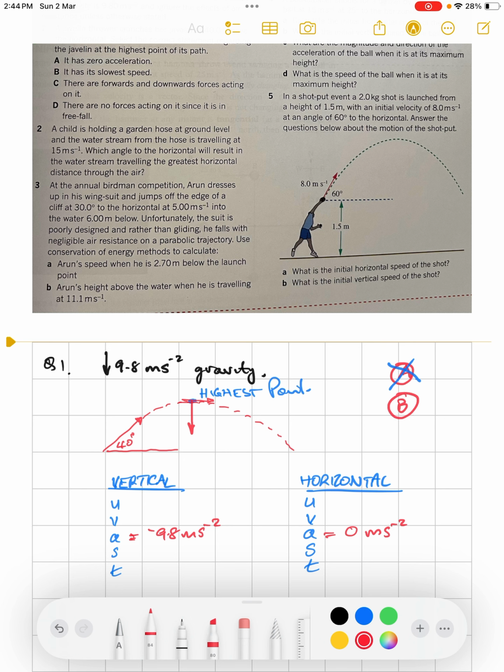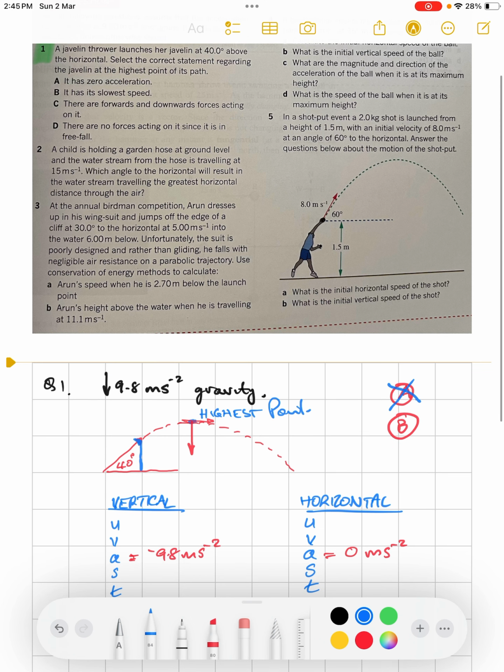It's at its slowest speed. Now speed is a combination of its horizontal and its vertical component. Initially, its speed is whatever that S is.